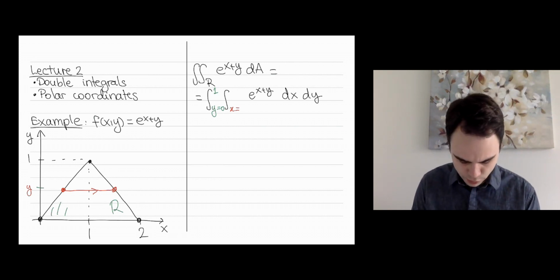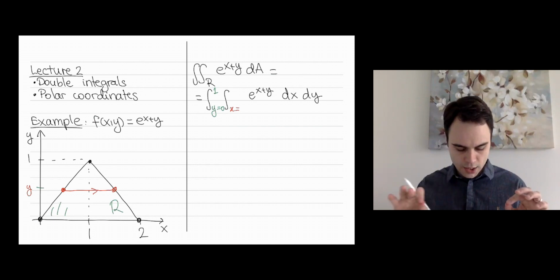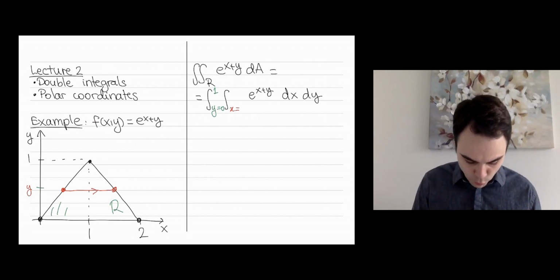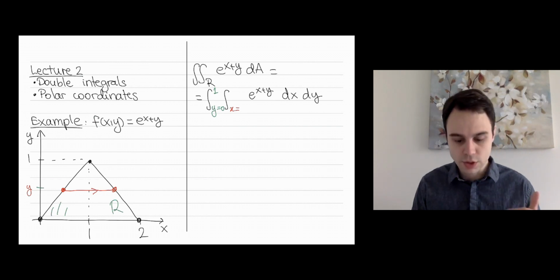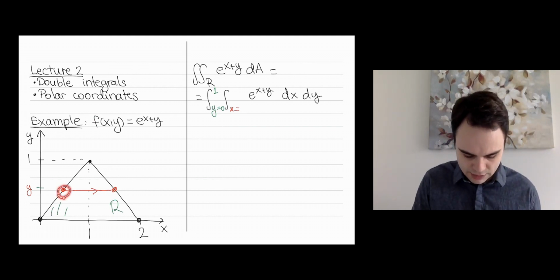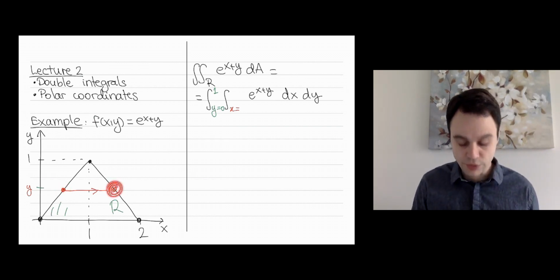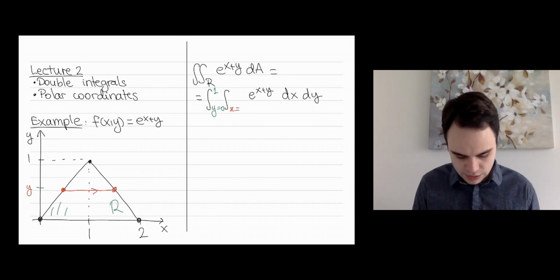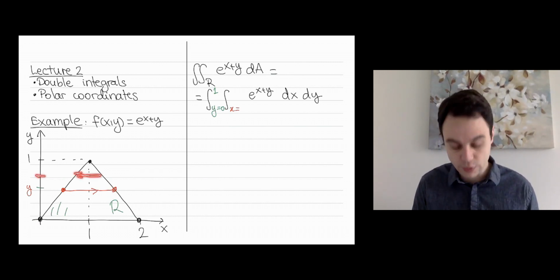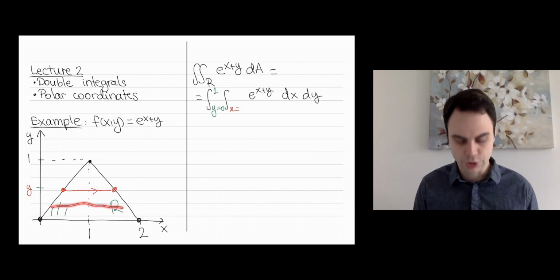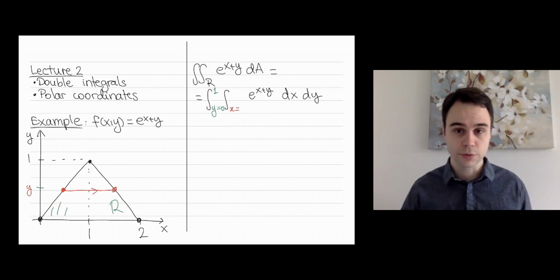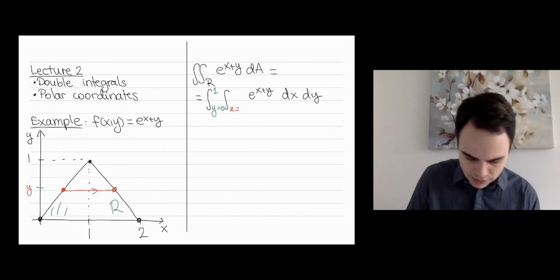So the x integral is over this red interval, but we need expressions. We need to know what this lower bound for x is in terms of y, and what this upper bound is in terms of y. If I had chosen a different value of y, I would get a smaller or perhaps larger interval. So these bounds for x depend on the y I fixed. Let's find these exactly.